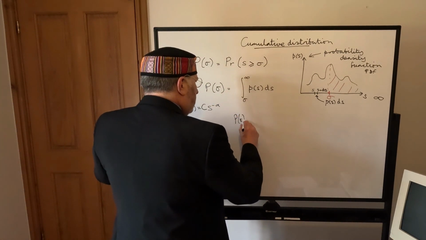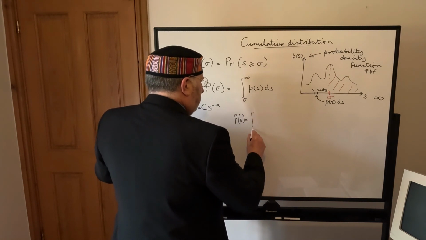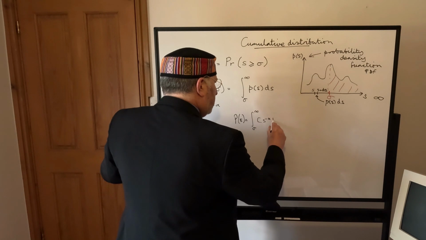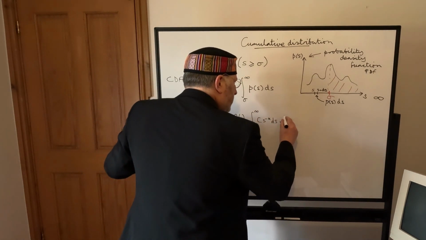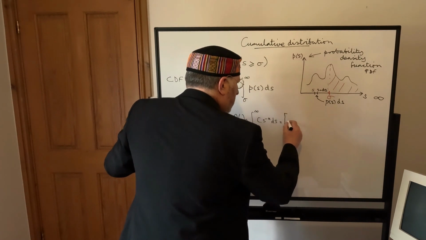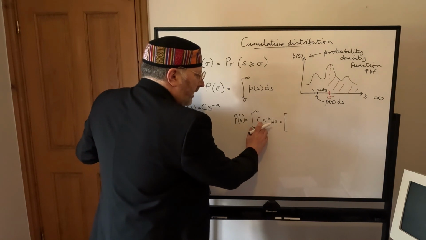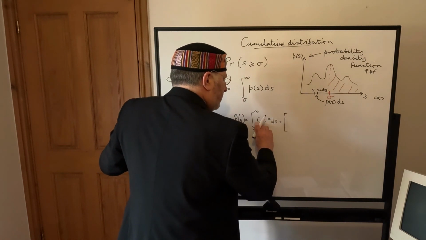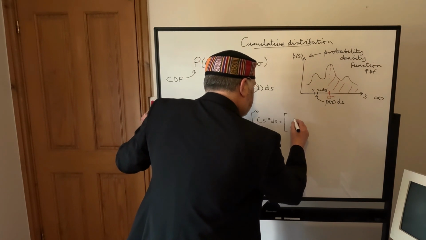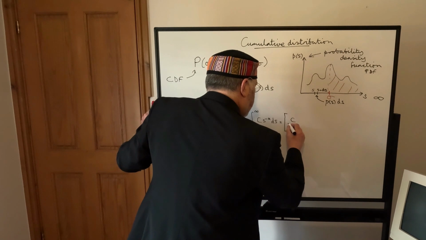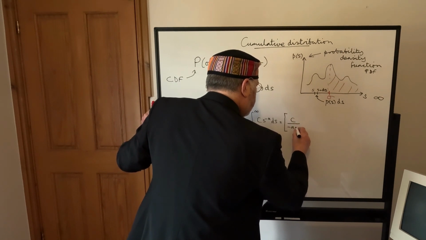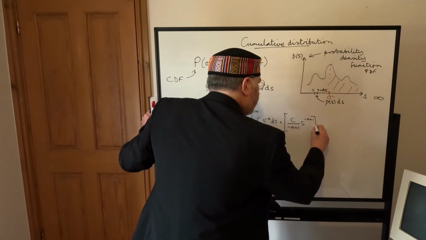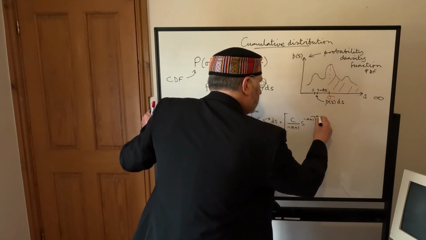Well, we've got P of sigma is then equal to the integral from sigma to infinity of C S to the minus alpha ds, which is equal to, well, applying our laws for integrating powers, we add 1 to the power and divide by it in front, so it will be C over minus alpha plus 1 times S to the minus alpha plus 1, and that's between sigma and infinity.